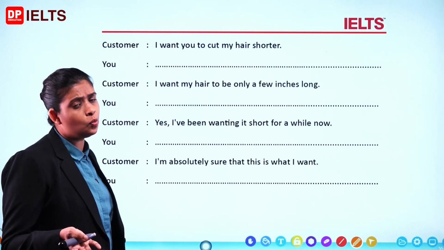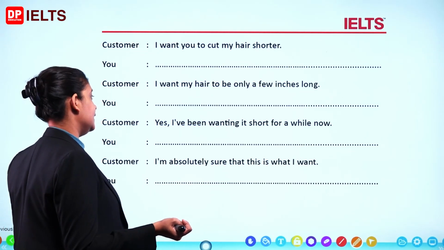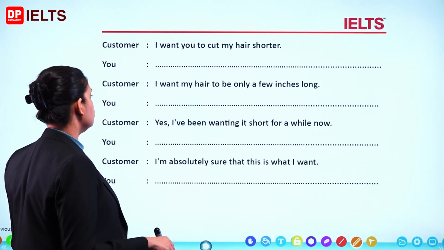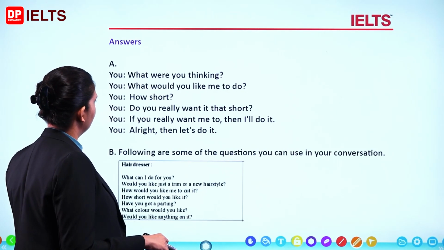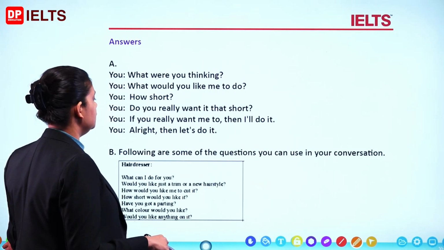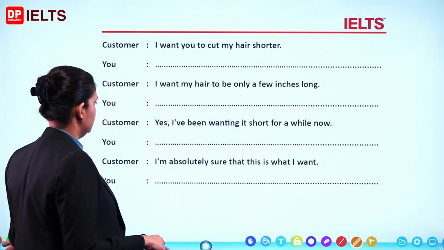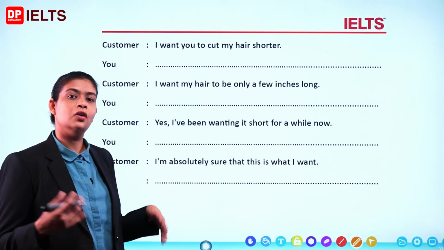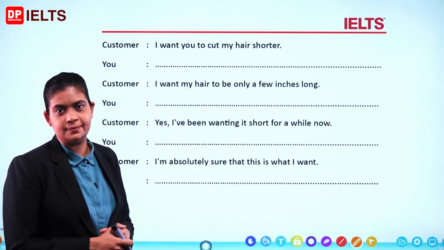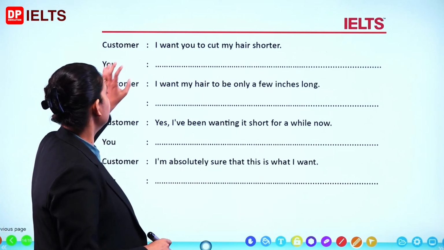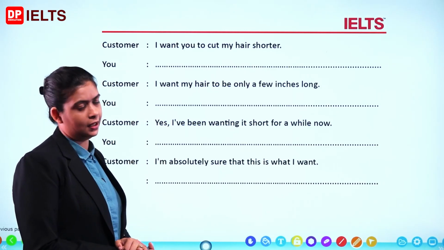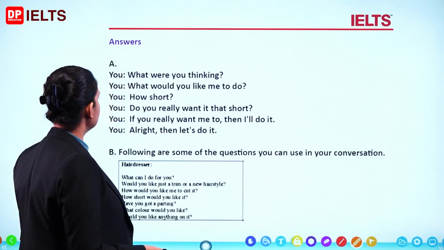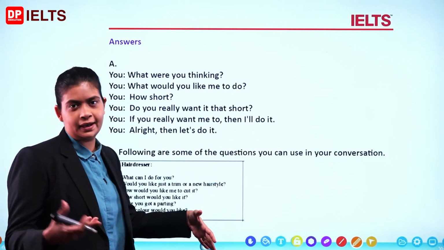Are you sure you wanted this short? Yes, I've been wanting it short for a while now. If you really want me to, then I'll do it. I'm absolutely sure that this is what I want. All right, then let's do it. Okay? So you can complete it the way you like. I've put an answer there as a little help for you.